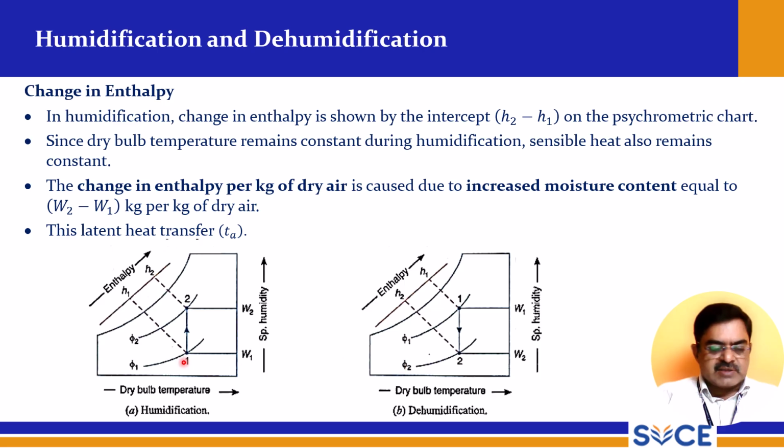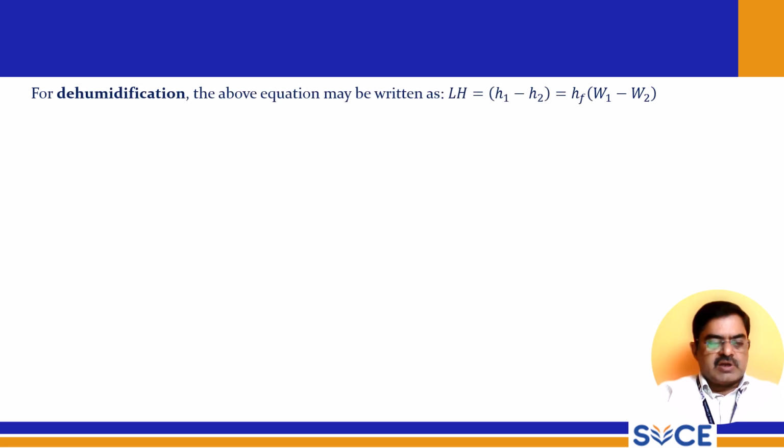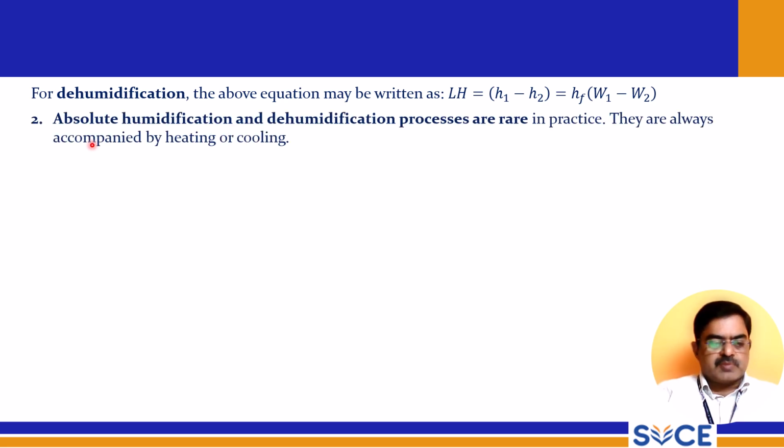So here it is a rising process in specific humidity, and here a decreasing process in specific humidity. This is the only difference in these two processes. In dehumidification, the above equation may be written as LH equal to H1 minus H2, equal to hfg into (W1 minus W2). Absolute humidification and dehumidification processes are rare in practice.